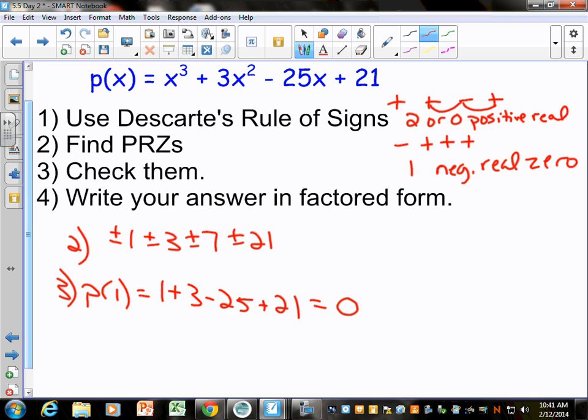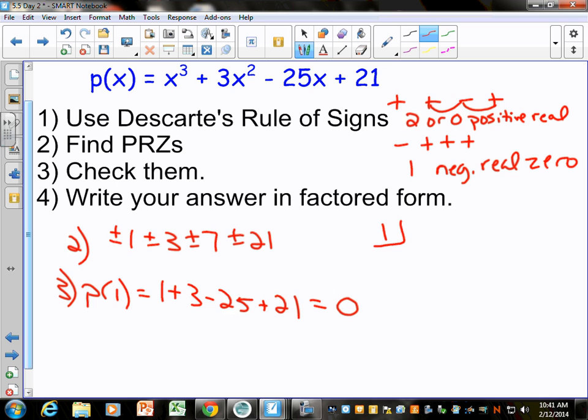Okay? But here's the other option. If I know this works, we can divide it out and look at what's left over and see if we could solve that maybe another way besides just guessing random numbers. So since I know 1 works, let's divide out 1 now and look at what's left over. We already know it works, so we should get 0 here.